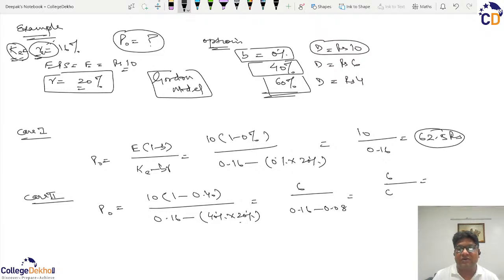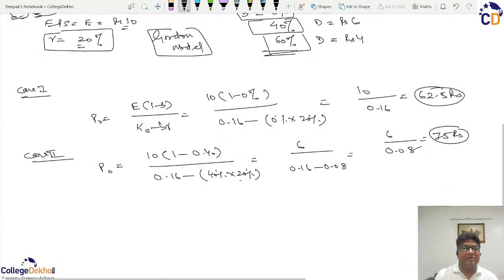So this will be 6 divided by 0.08, which comes out to be 75 rupees.